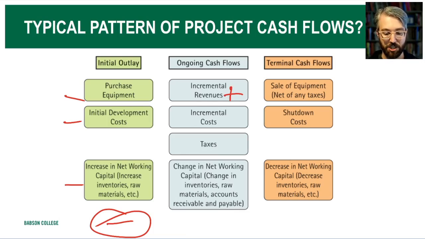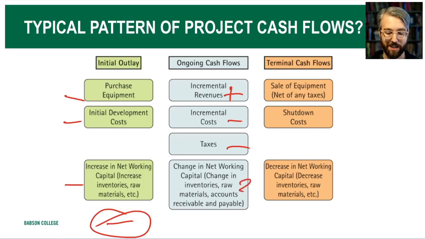It's likely to generate incremental costs, but hopefully the incremental revenues are going to outweigh the incremental cost because the project is profitable. If it's profitable, some of that profit is going to get dissipated in the form of a higher tax bill. But again, these three are hopefully still netting out to be positive. So a successful project will typically be kicking off cash in the middle part of its life.